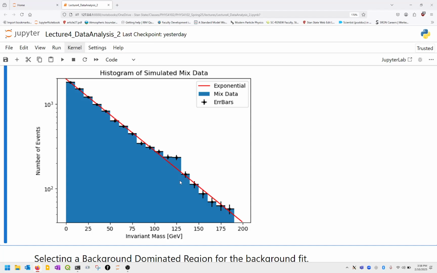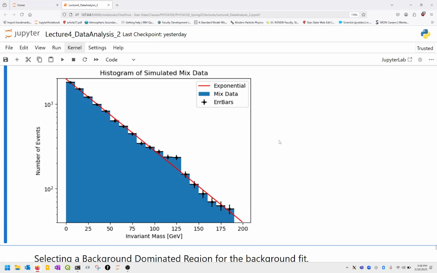Which part of the curve should I fit to instead? Yes, the stuff that is away from 125. You can even do stuff out here, but there's only a few data points, so maybe between 0, 25, 50, 75. They're still all background, maybe 100, but you don't want to hit 125. You want to go up to 100.